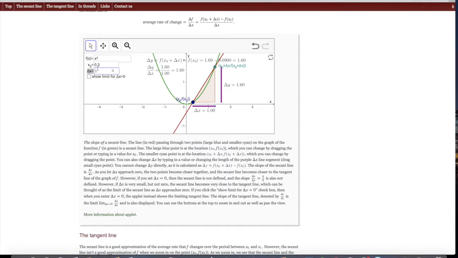Now, as you decrease these values, for example, I'll change delta x from 1 to 0.1. The values get more accurate, and as you add more zeros, as you can see, the value over here keeps getting to a more accurate state.